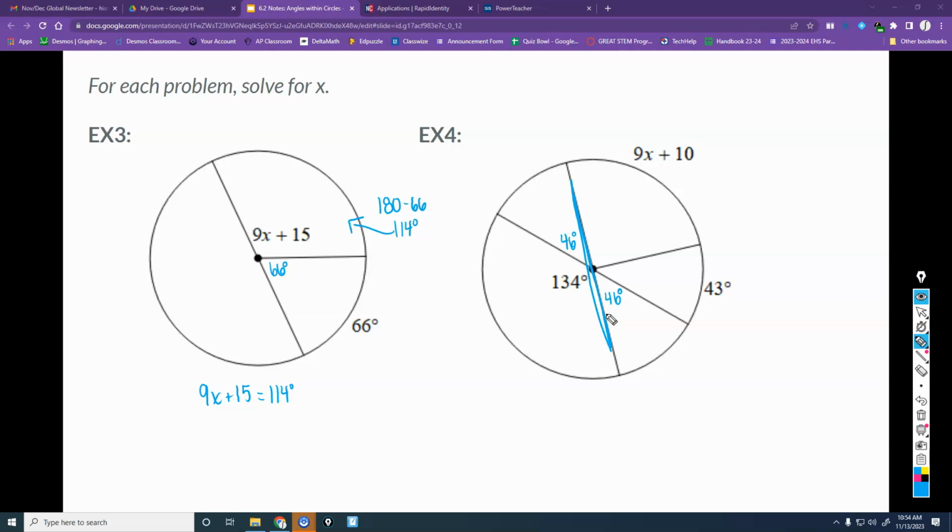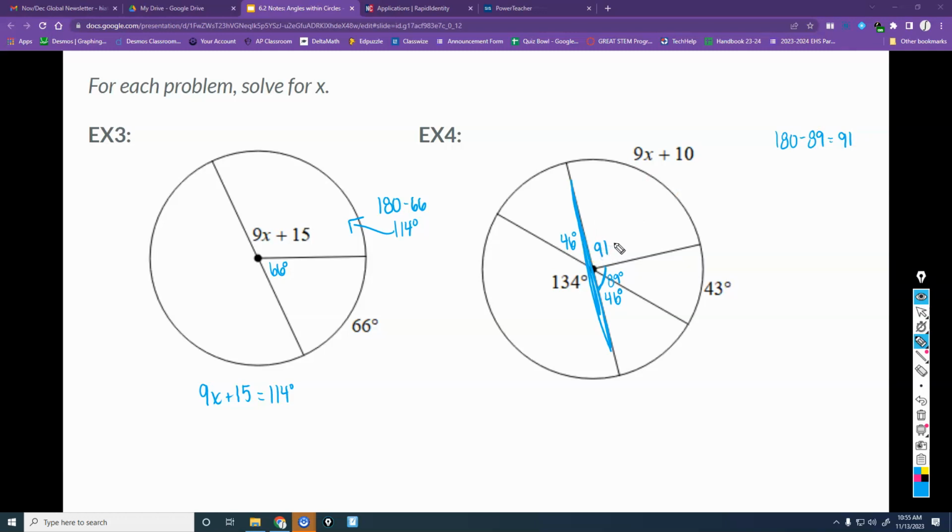All right, where'd you get 91? Okay, so this 46, like this is a straight line right here. And 46 and 43 together would give you 89. So if you do 180 minus 89, that'd give you 91.